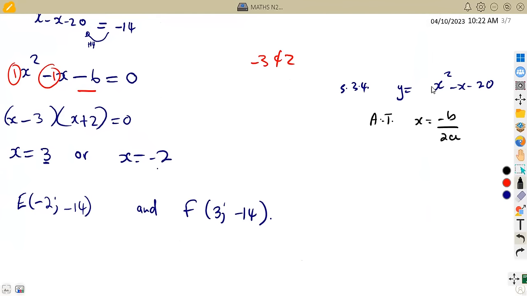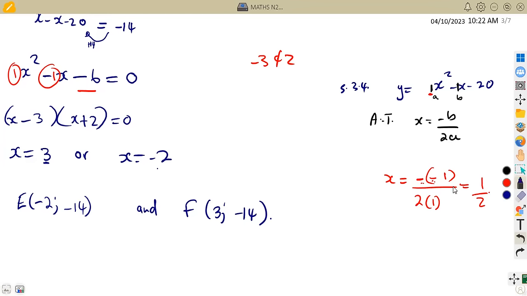So this a is 1, this b is -1. That means at our turning point, x is minus b, which is -(-1), over 2 times a, which is the coefficient of x squared, which is 1. So negative, negative is a positive 1 over 2. So the value of x at the turning point is 1 over 2.